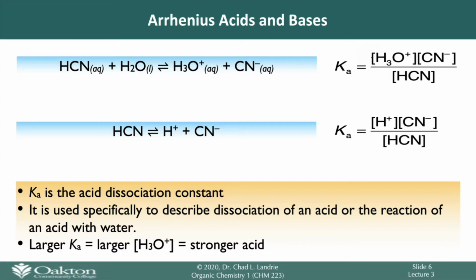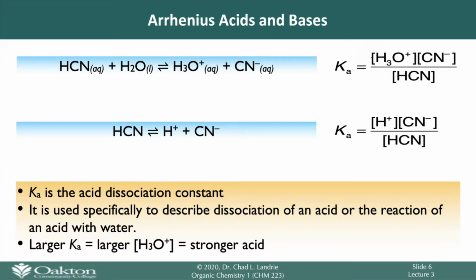But the product of the concentrations of the products divided by the concentration of the reactants gives us a value called Ka. This is the equilibrium constant for acids. The A means acid. Notice the difference between the top equation and the bottom. If we take water out of the equation, then we simply have a dissociation reaction, right?